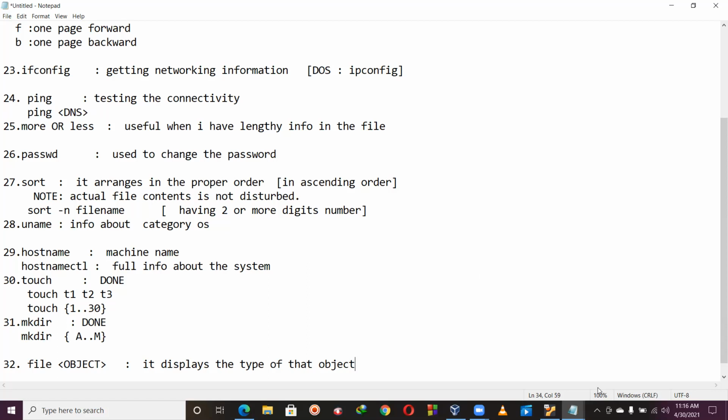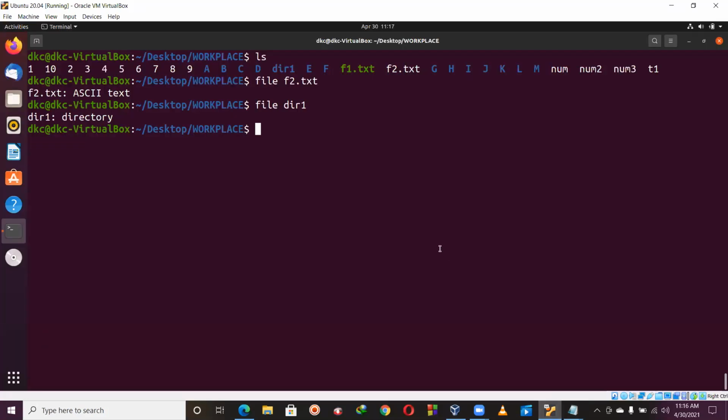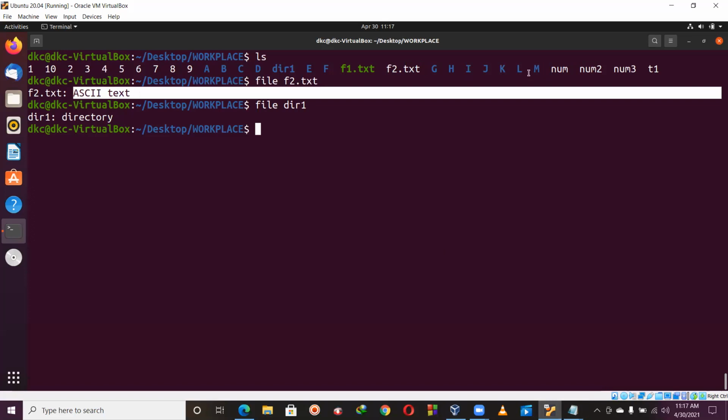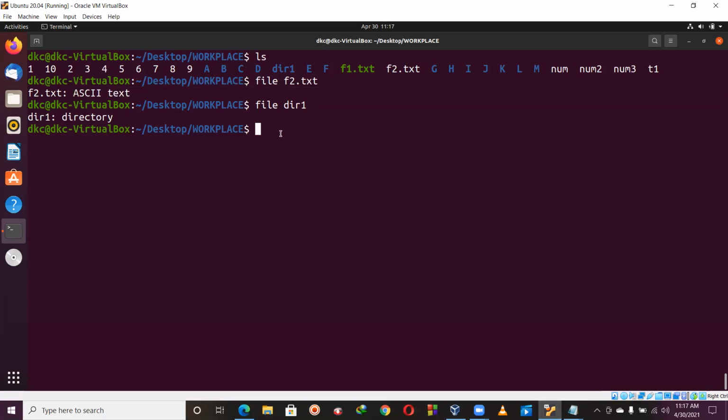For text files we need to include that, sir, no? See here in this list, I have num, I have num2 also, I have f2.txt. All these three are of the same category. Which category? ASCII text. It doesn't matter whether it contains numbers or whatever, it belongs to ASCII.